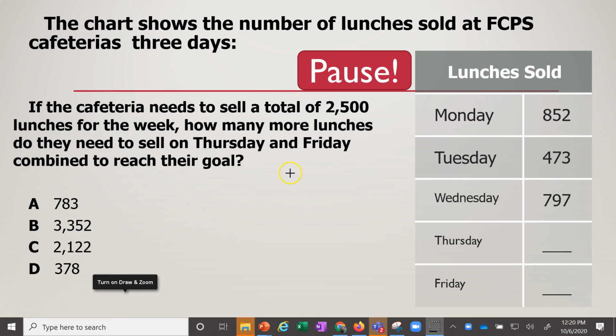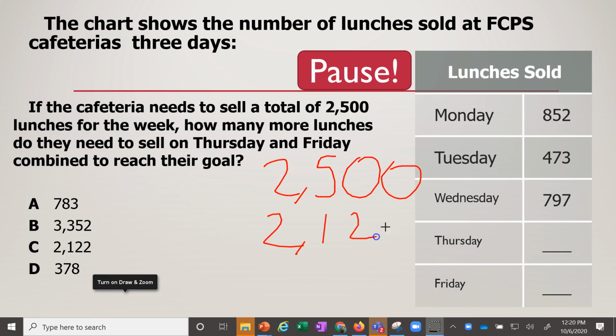All right, so let's clear the board. And I know that I need to figure out how many lunches were sold to reach our goal. So my goal is 2,500. And we've already sold, well, Monday plus Tuesday plus Wednesday we know is 2,122.